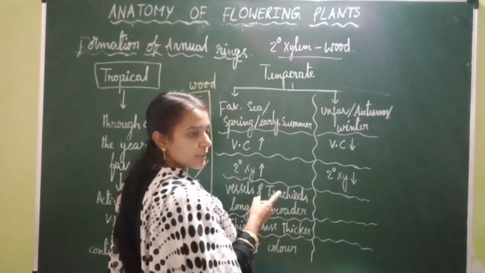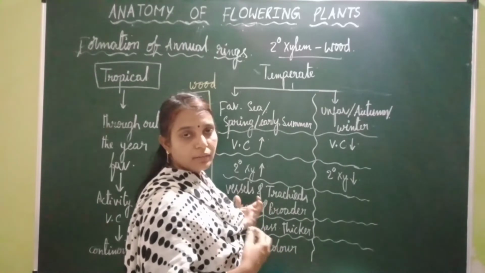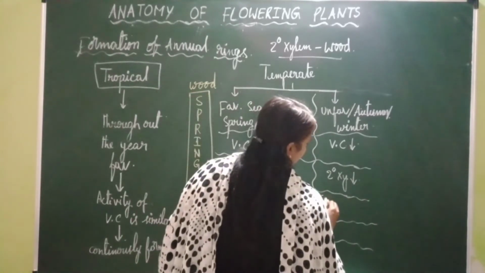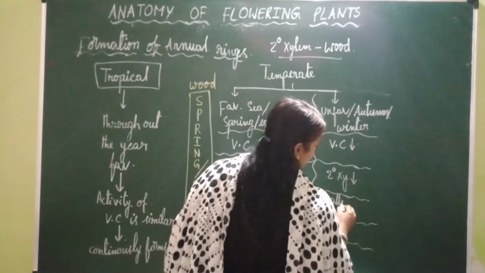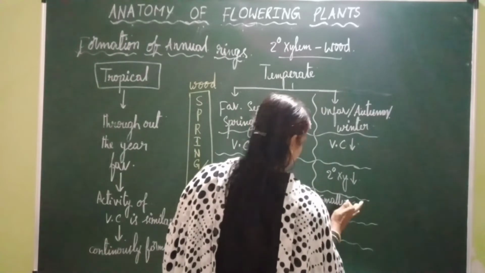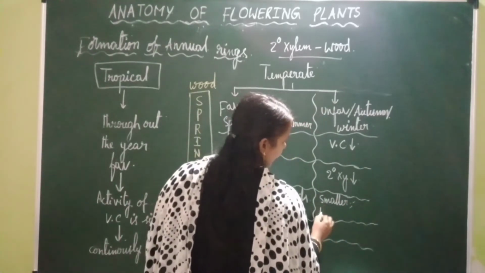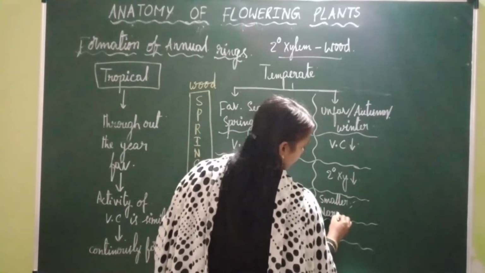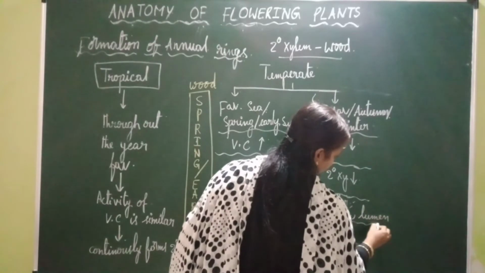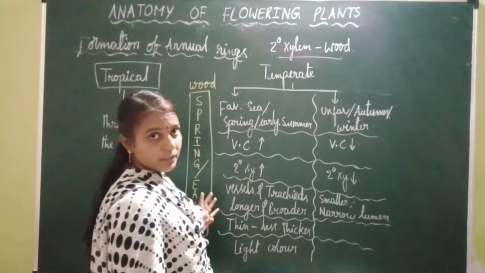As the conditions are unfavorable for the growth of plants, the amount of water and minerals required by the plants will be less, and hence the tracheids and vessels are smaller in size, with a narrow lumen, as the plant doesn't require more water during the unfavorable season.